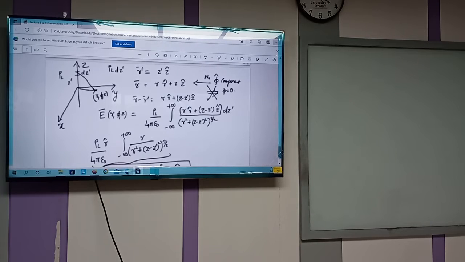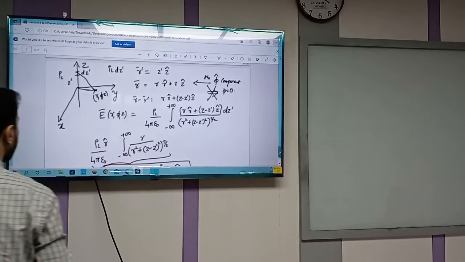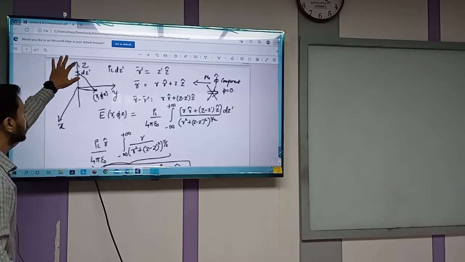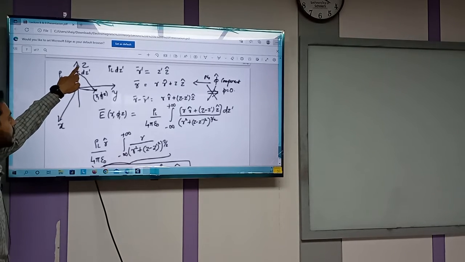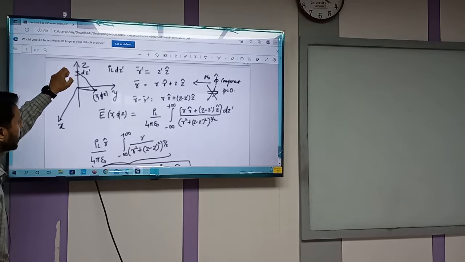I have again a uniform line charge of line charge density rho L, as you can see in the slide. Here I have an infinite line charge along the z-axis, okay?